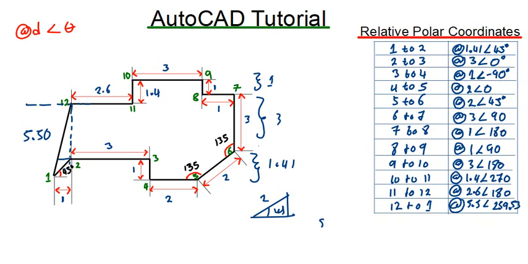So sine 45 is equal to what you have here, which is your opposite, divided by 2, which is your hypotenuse. So I'm just saying 2 sine 45, that's where I'm getting the 1.41 from. So adding everything here, 1 plus 1.41 plus 3, I'm getting 5.41.